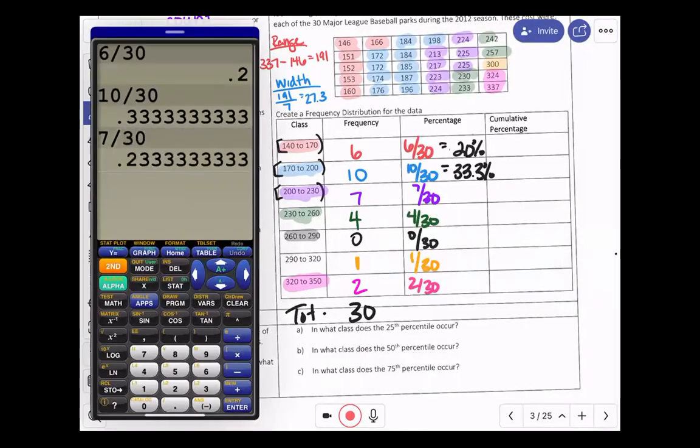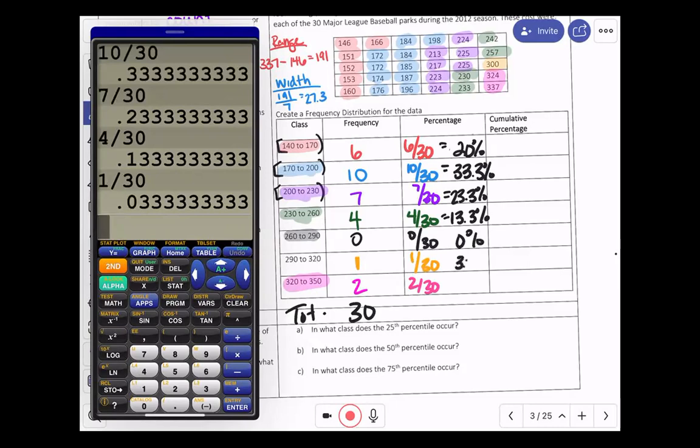What is 7 divided by 30? 23.3%. 4 divided by 30, 13.3%. 0%. 1 divided by 30, 3.3%. And 2 divided by 30, 6.7%. There goes your percentage distribution.